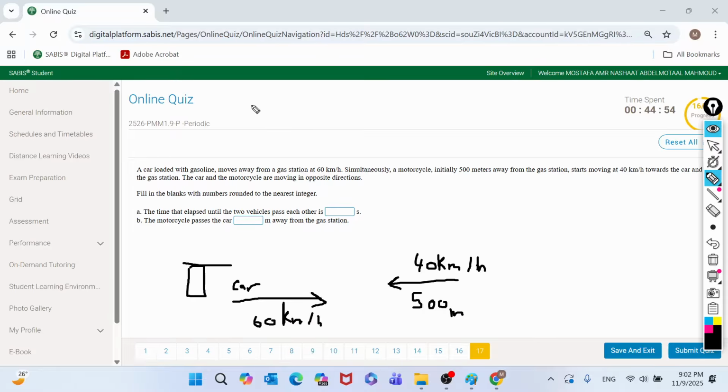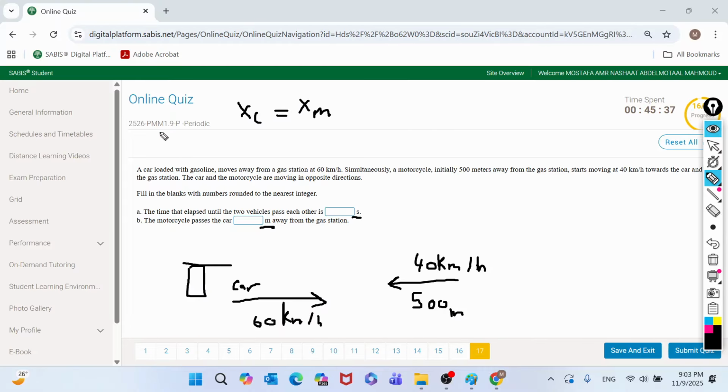So the time elapsed when the two vehicles pass each other. They pass each other, so their position is the same, right? So x car equals x motorcycle. x car is vt plus x0. Guys, look how your answers are in seconds and meters, so you need to convert to meters per second.